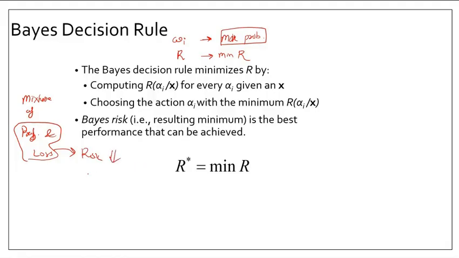I repeat what I said earlier. When I used Bayes, I was going with maximum probability. I was taking decisions based on maximum probability. That means I was doing minimum error. So when I select the maximum probability, I am doing minimum error. So I was trying to reduce the probability of error. So that was my simple Bayes rule.